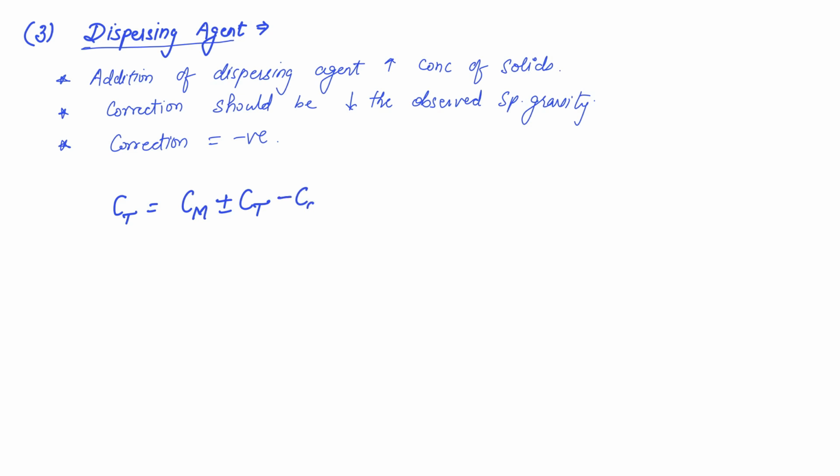But the correction due to the dispersing agent is mandatorily a negative correction. So that is the total correction that is given on the hydrometer reading, and I hope now you understand why and how much correction should be given for the hydrometer reading.